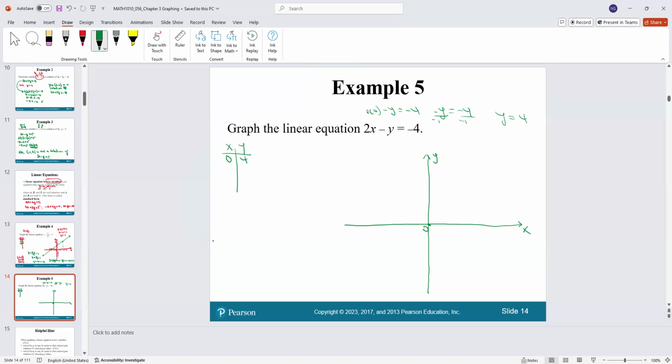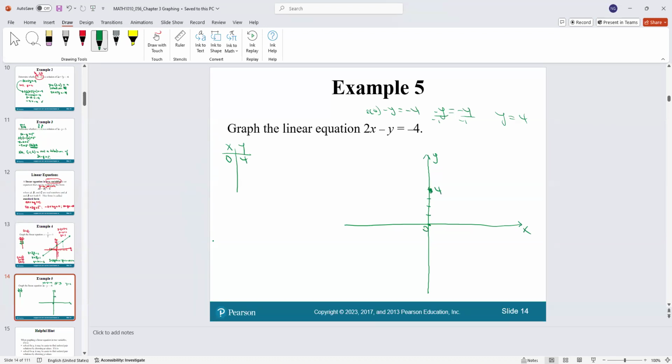Okay. And now we're going to say the same thing for the next one. When X is 0, Y is 4. This is the first point we have.